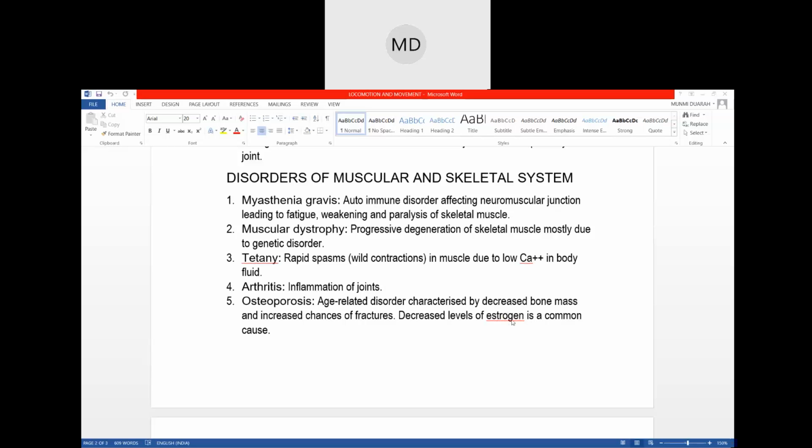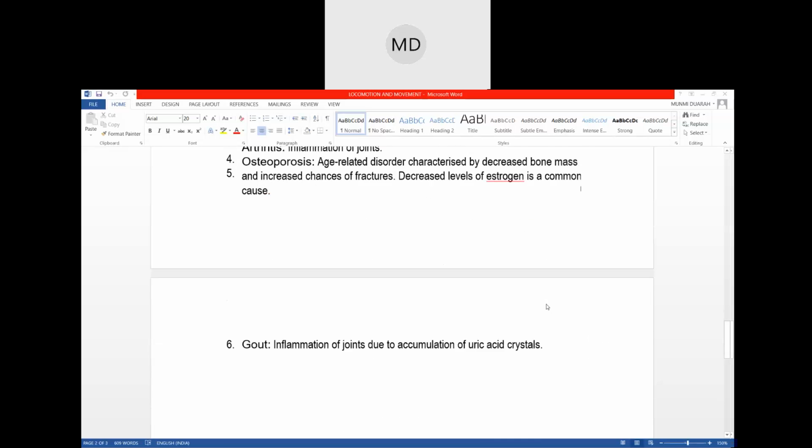Estrogen is a sex hormone. When the estrogen level decreases, it impacts the calcium concentration, and the calcium will also decrease, and when the calcium decreases, the bone mass will decrease. Bone mass decreasing means bones become fragile, prone to more fractures and breakage.